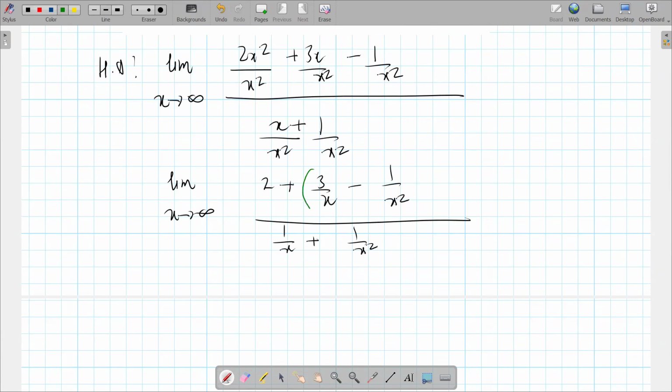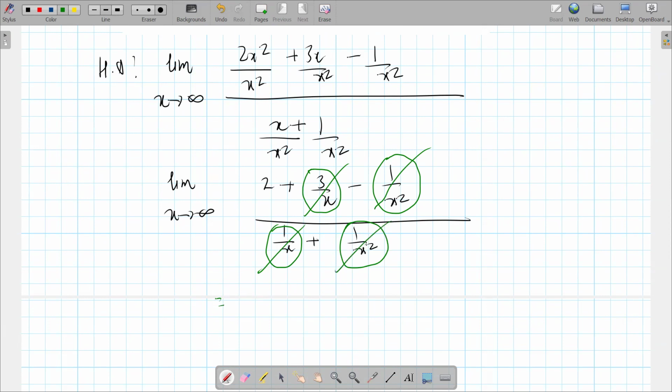What's 3 over infinity? 0. What's 1 over infinity squared? 1 divided by a very, very big number. 0, right? What's 1 over infinity? 0. 1 over x squared? 0.